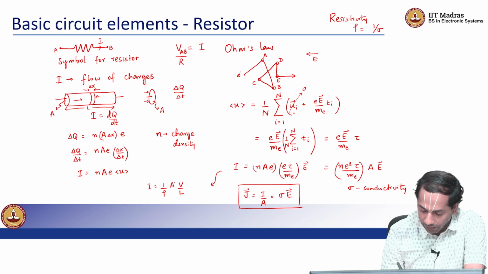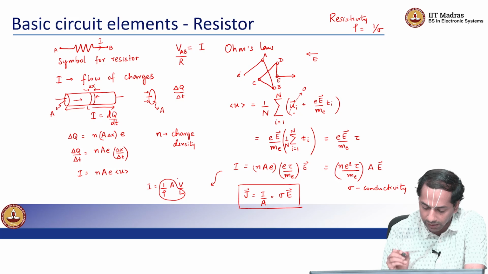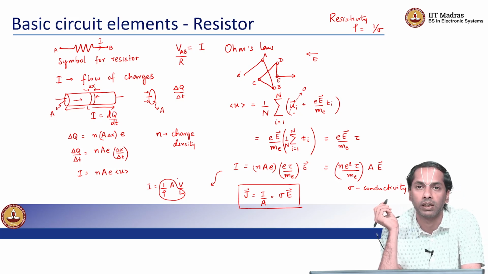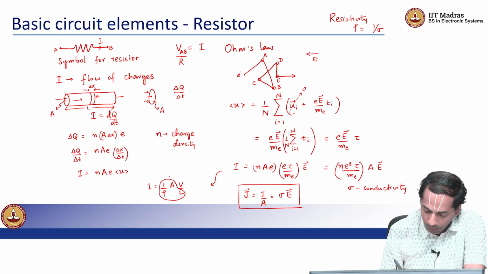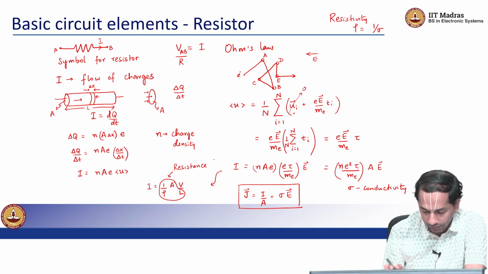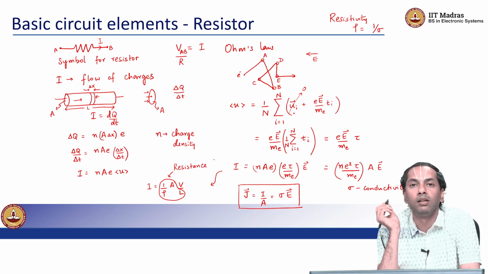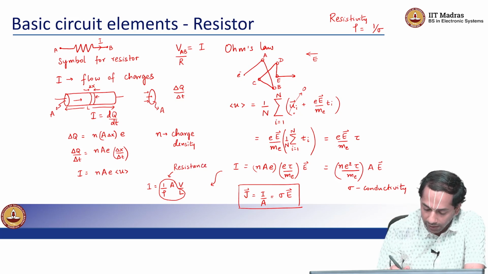You might have also been taught a relationship that combines the geometric parameters of the wire and the resistivity, and this is what we call the resistance. In fact, it is the inverse of the resistance.